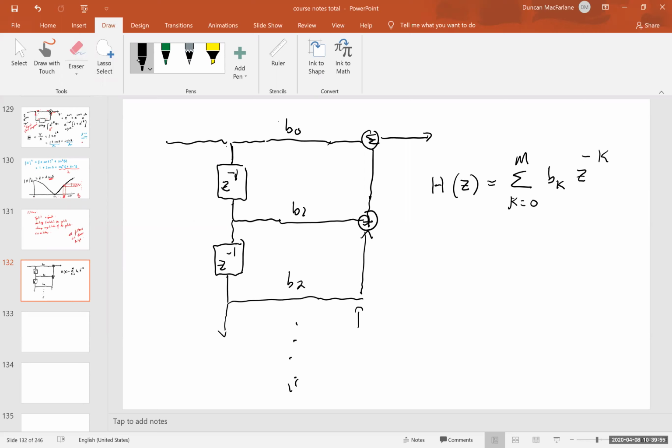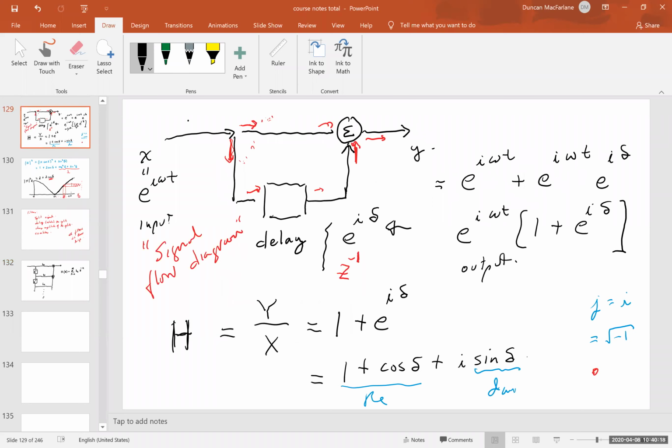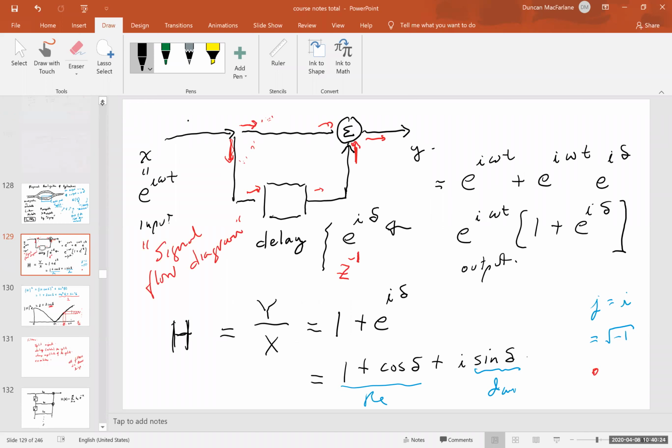Yes, Zach? Is this similar to a circuit diagram? It's one layer above it. It's an abstraction. So a circuit diagram would be the realization of this picture. So in other words, there's my signal flow diagram.